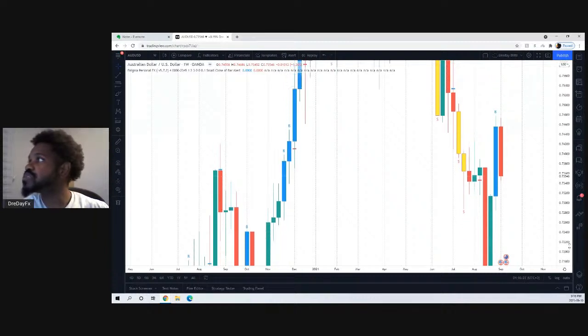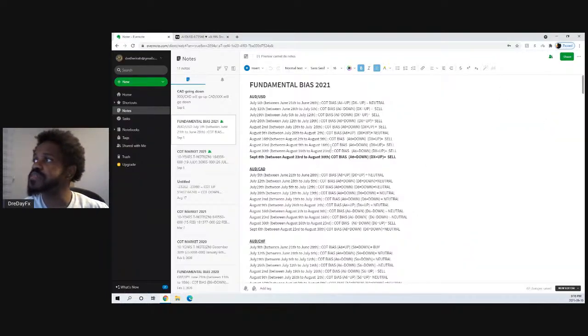So AUD USD, this is a down candle, meaning that you were selling the market for the week. So basically, the market sold off all week. And if we go back to our analysis, we had a sell here.